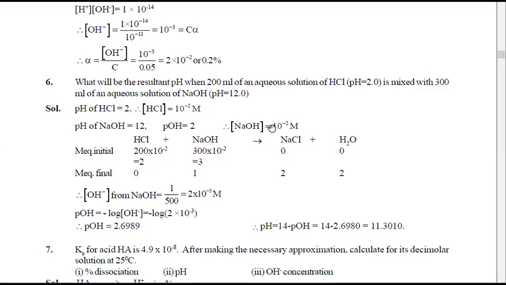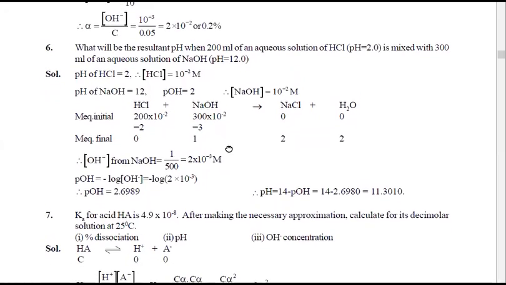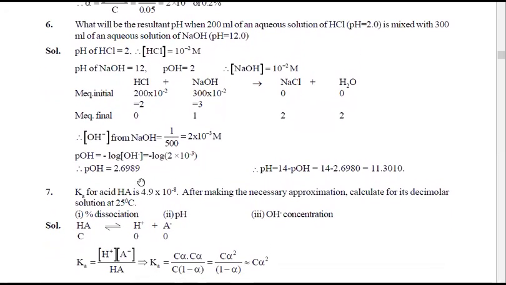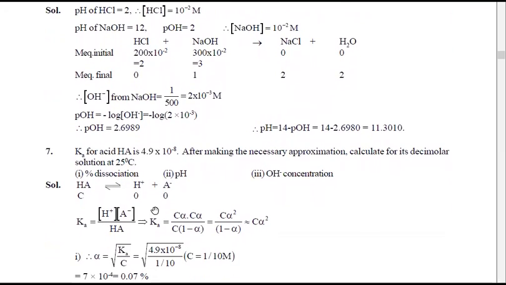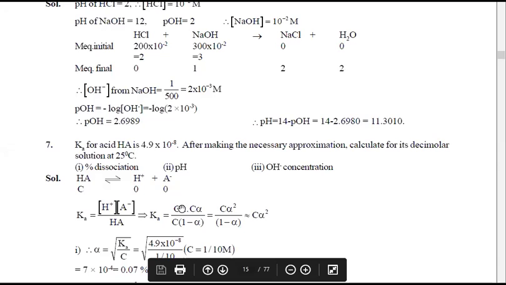Very good, everyone. So the first one is easy. You know that Kc is very small. If Kc is very small, you just have to use the formula, and we know that alpha is equal to root of K by C. We have already derived it, and decimolar means 1 by 10 molar.